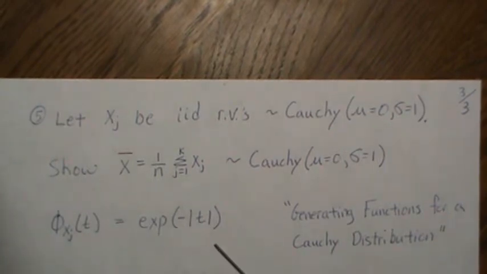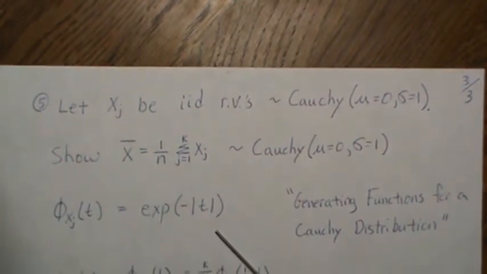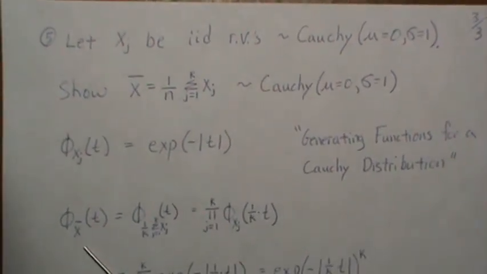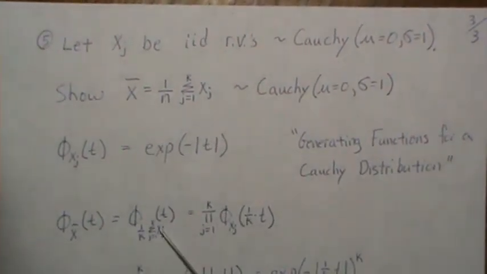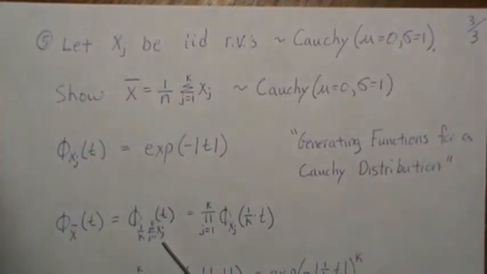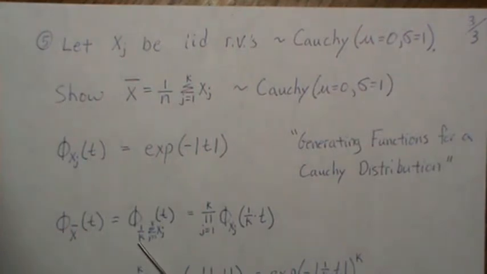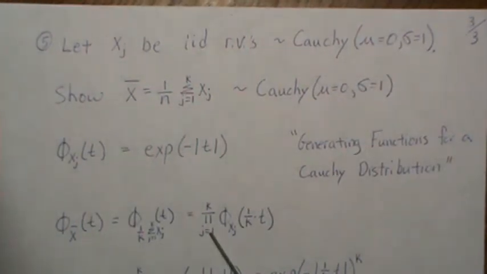But this is the characteristic function of a standard Cauchy. So if we look at x bar, that's 1 over k times the sum of x_j. And then the property says, since they're IID but all times a constant, you take the product, but you take that constant and multiply it times t.